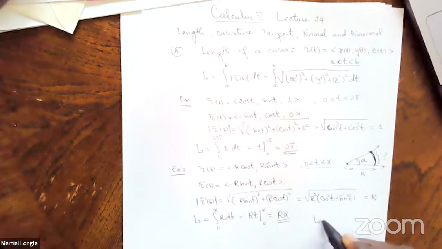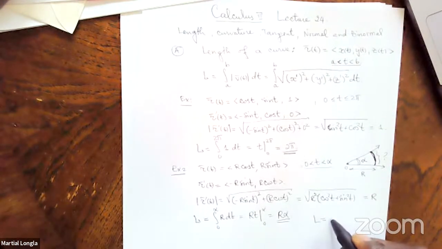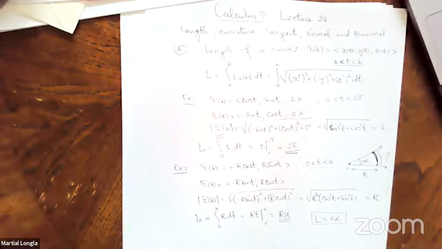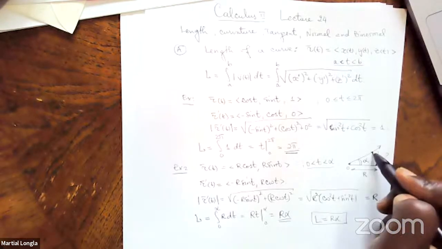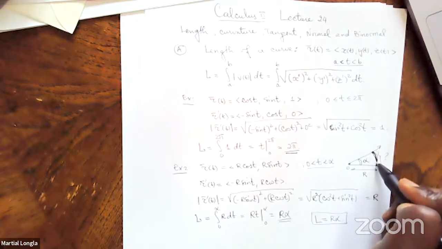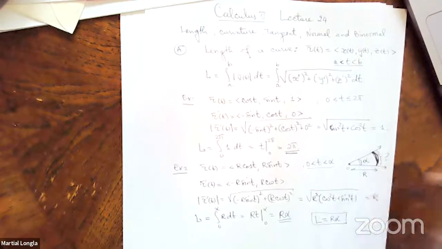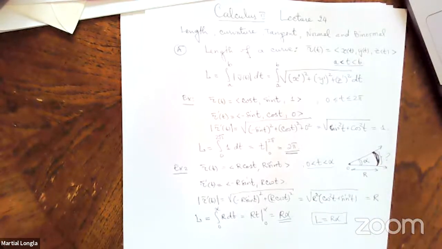So the length of this arc is nothing but the radius times the angle alpha.